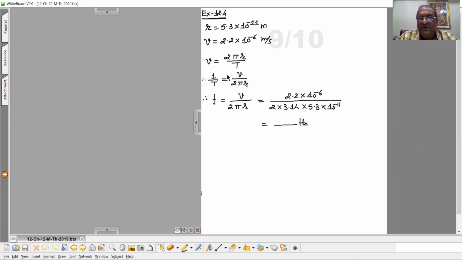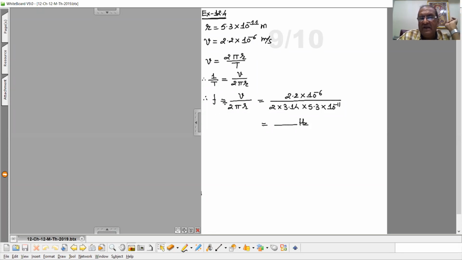Now orbital speed is distance upon time. When one revolution is completed by the electron, the distance covered is the circumference of the orbit, 2 pi r. The time taken to complete one revolution is the periodic time, T. So we can write 1 upon T is v by 2 pi r. But the reciprocal of periodic time is the frequency.